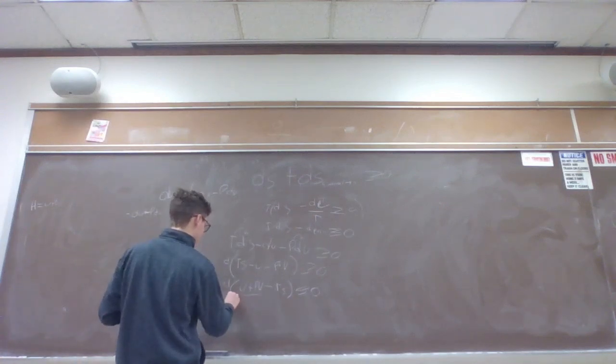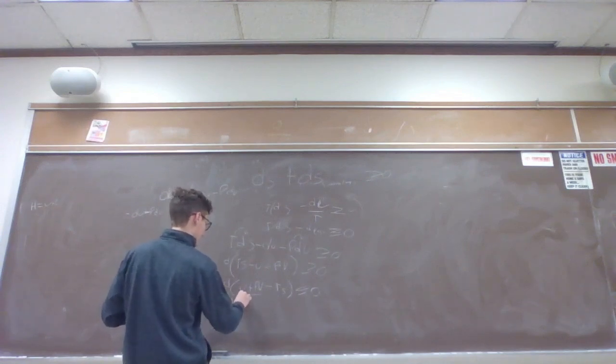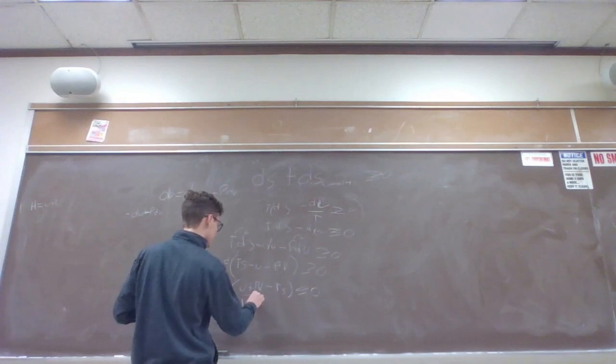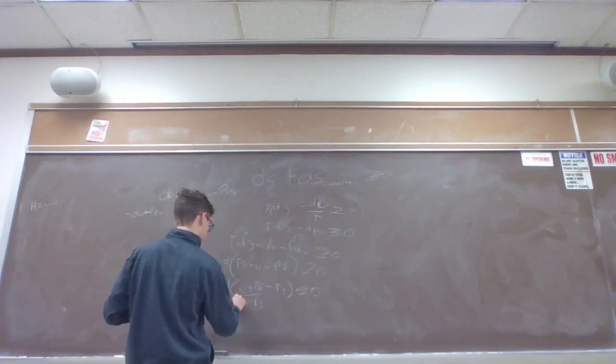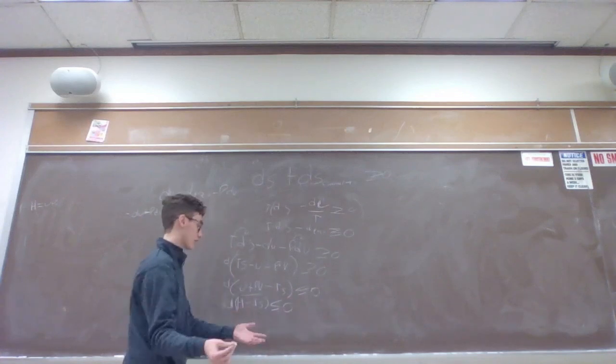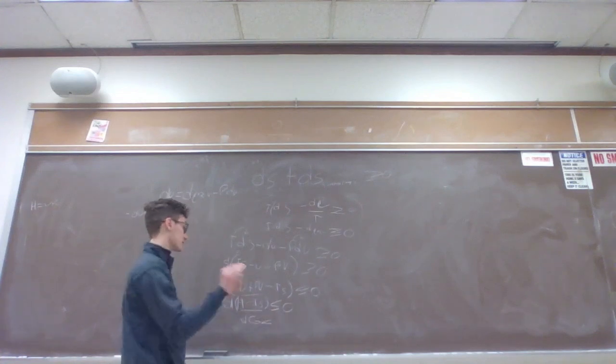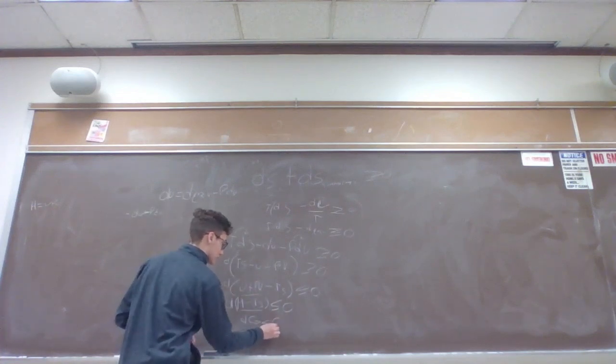So then we would have the d of H minus TS less than or equal to 0. And this is otherwise known as the d of Gibbs energy being less than or equal to 0.